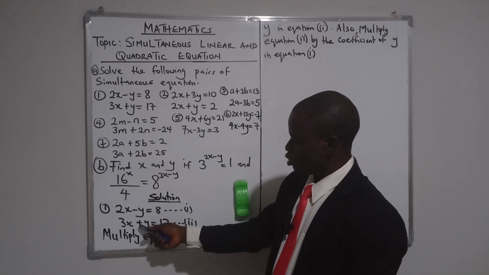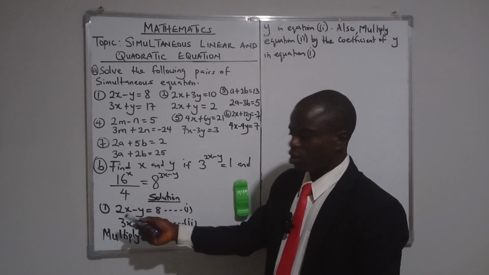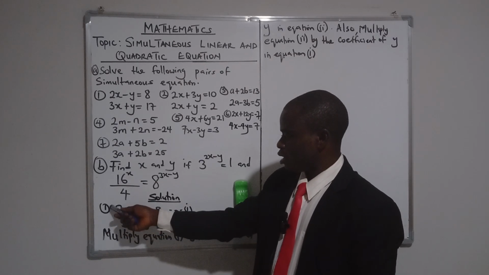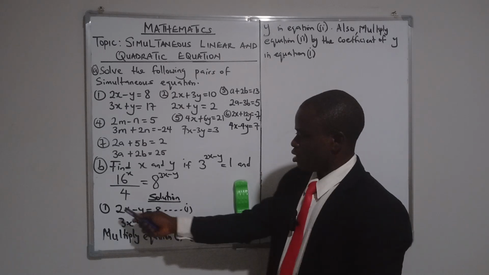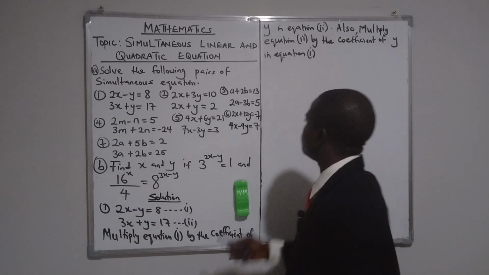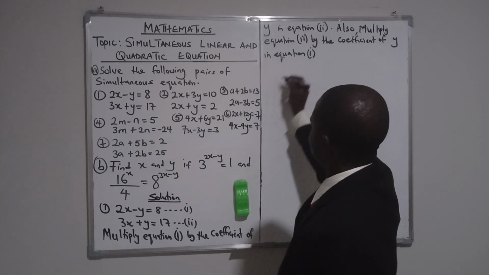I want to use this coefficient, but students can use x as the coefficient. You can use 3 as the coefficient of x and multiply 3 times everything, and use 2 to multiply everything, but I'm picking the coefficient of y. Now let's do it.